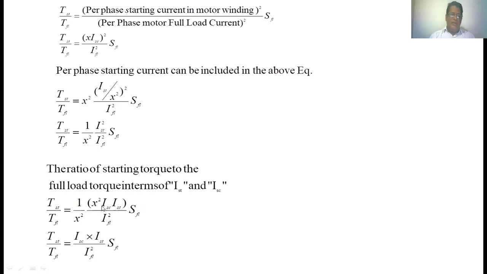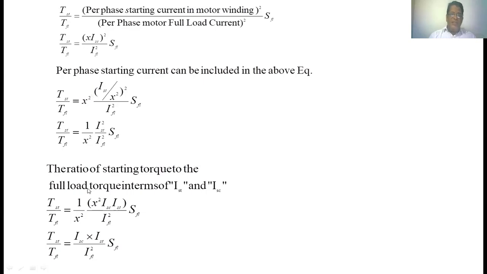So X square into IST into ISC. Now you simplify this. X square gets cancelled. Finally, we get the starting torque to the full load torque with auto transformer equal to the standstill current into the starting current taken by the induction motor with auto transformer, divided by the square of the full load current, into the slip of the induction motor at full load.